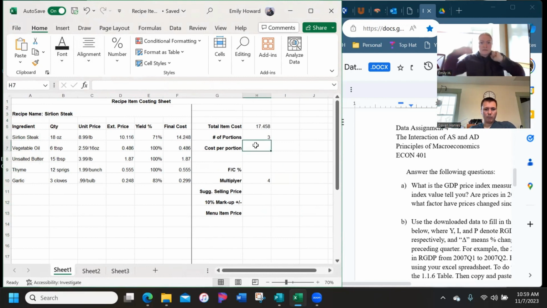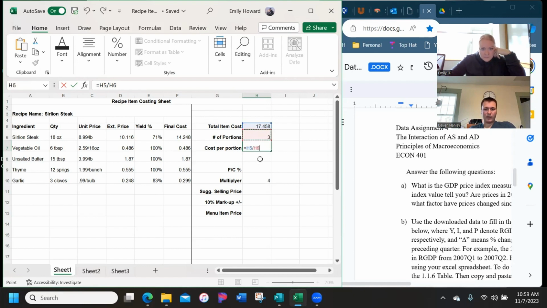Okay, so cost per portion is just 17. You're going to do equals, and then click total item cost, your $17, and then slash to divide. And then click your cell that has 3 in it, not type 3.